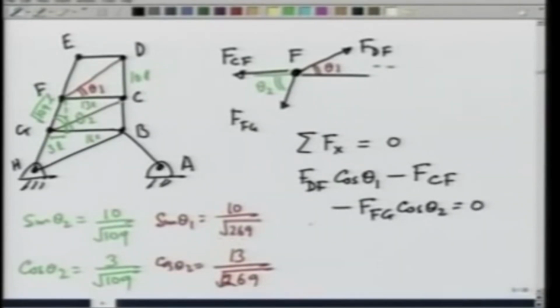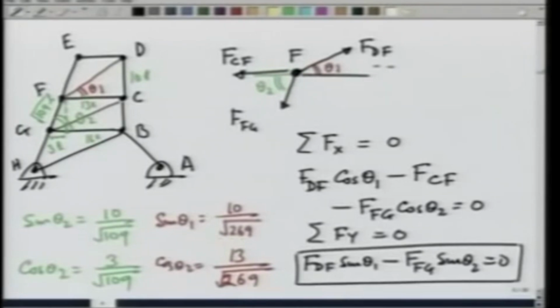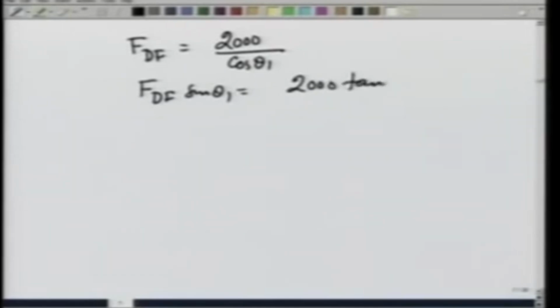Similarly, summation Fy equals 0 gives me F_DF sine theta 1 minus F_FG sine theta 2 equals 0. From the second equation, I can find F_FG right away. Recall that F_DF was 2000 over cosine theta 1, and therefore F_DF sine theta 1 is 2000 tangent theta 1.